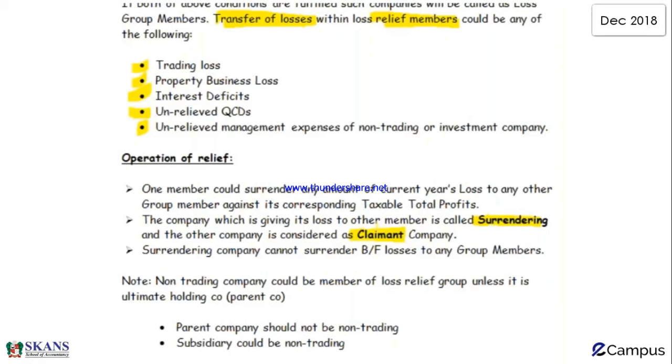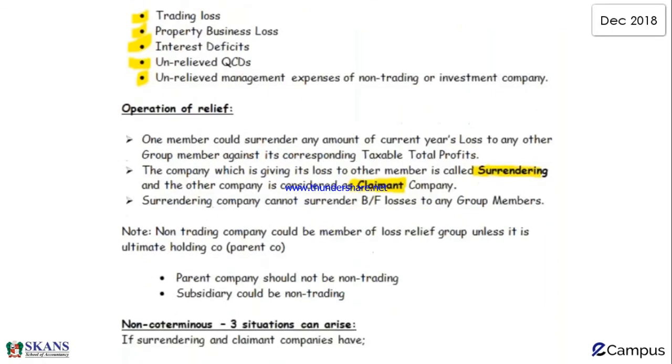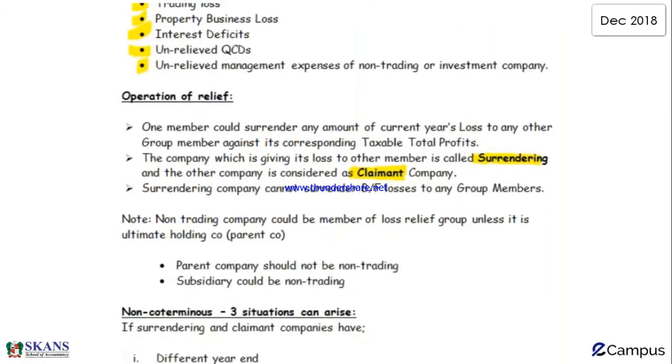Well, there would be a problem whenever there is a situation of non-coterminous. But we will be discussing the non-coterminous situation in a while. Let's first discuss what if all of the companies have the same year end. Well, in that case, we can transfer any amount of loss from one group member to another group member.